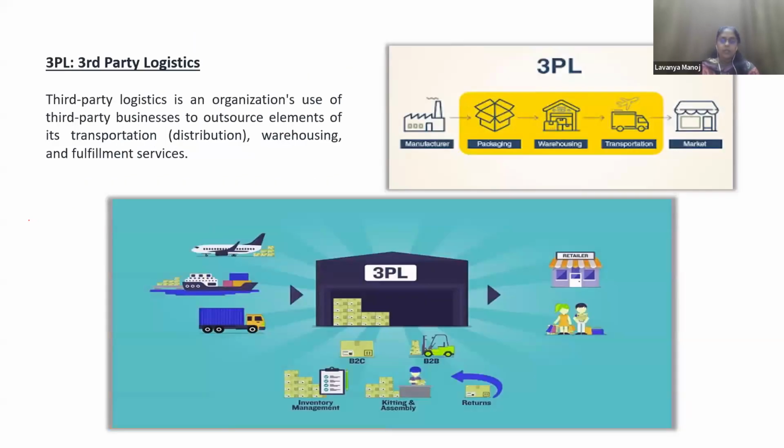Then coming to third party logistics providers, which is very famous and one of the oldest logistic providers in the world. Initially it was first party logistic provider, because during olden days, the grains and other supplies were transported to the market by the farmers.